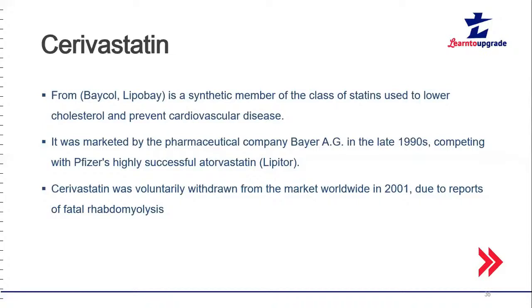Believe me, Pfizer earned a lot of money from atorvastatin. So in comparison, the company tried to launch this product in the late 1990s. But in a couple of years, by 2001, the product got withdrawn from the market because of fatal rhabdomyolysis.